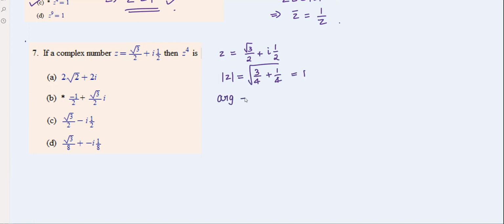Argument of z, both are positive. So tan inverse y upon x here. In this particular case, remember argument is defined as the angle made by the line segment joining origin to the complex point with respect to the x-axis.